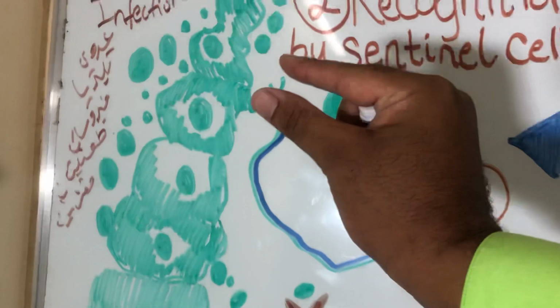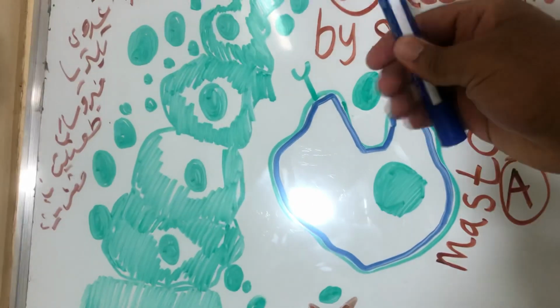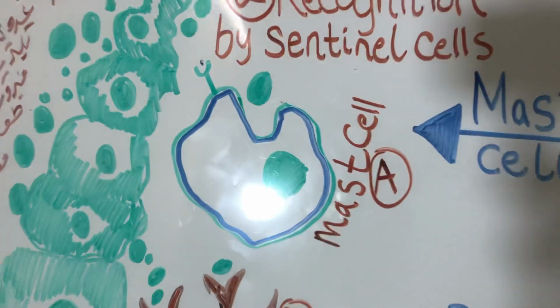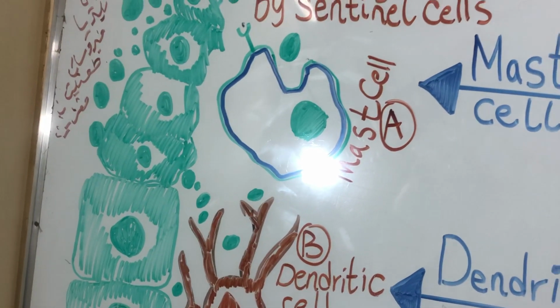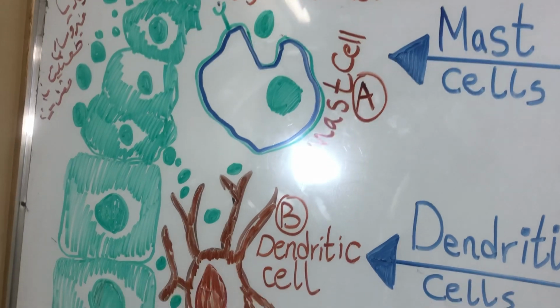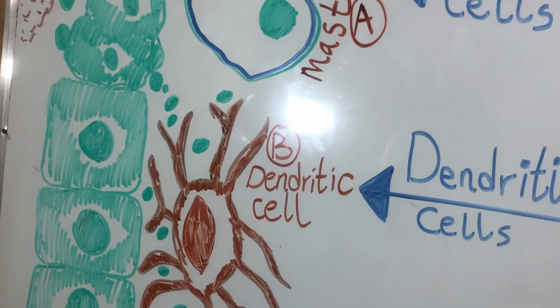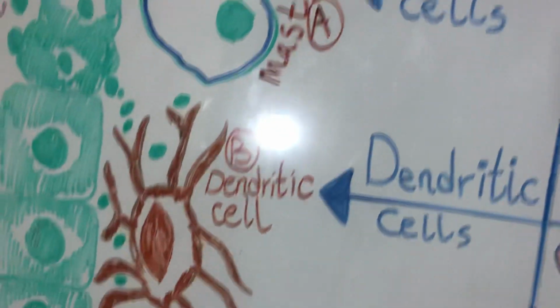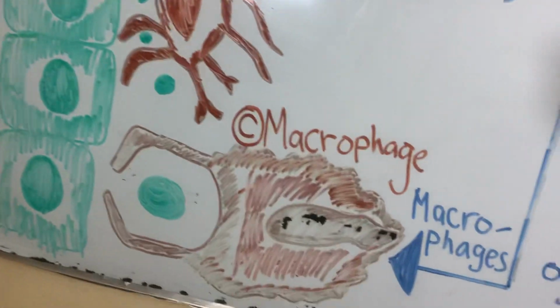The receptors detect the debris and detect the glycoproteins and the polysaccharides at the surface of invading agents. So we have the mast cells, dendritic cells, and macrophages.